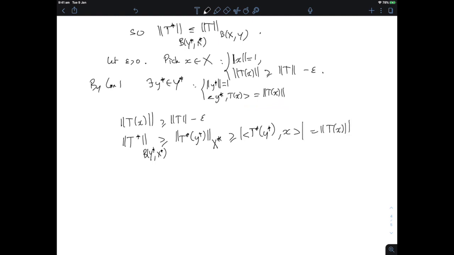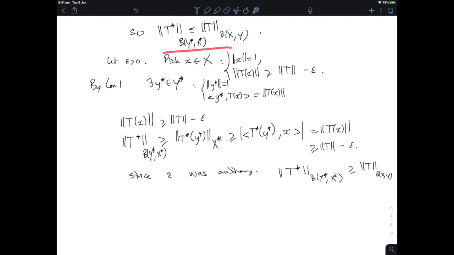But the norm of T of x, as we rewrote right here, is greater than the norm of T minus epsilon. And epsilon was arbitrary, so you could send it to 0, and you get that the norm of T star, as a bounded linear map from Y star to X star, is greater than or equal to the norm of T. And so we have inequalities in both directions, which concludes the proof.